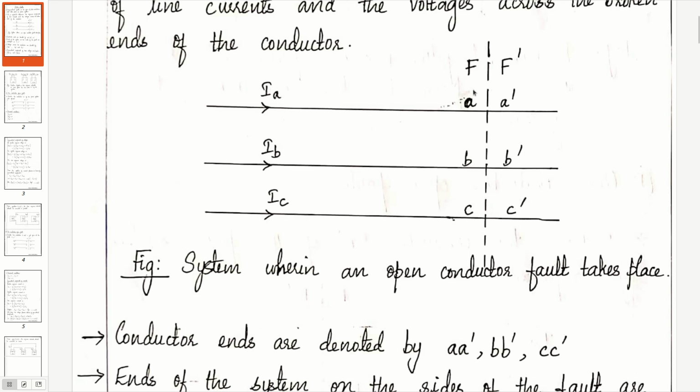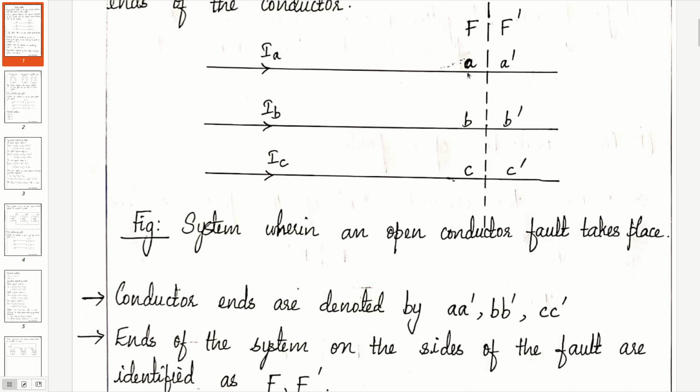Let F and F dash be the representation of the fault on either side of the broken conductors, both sides of the fault.